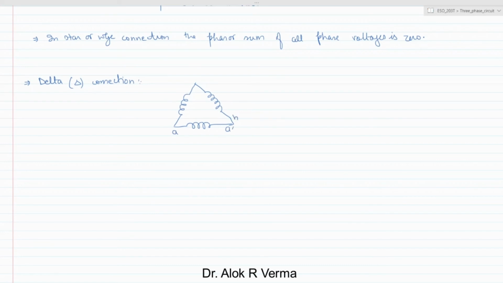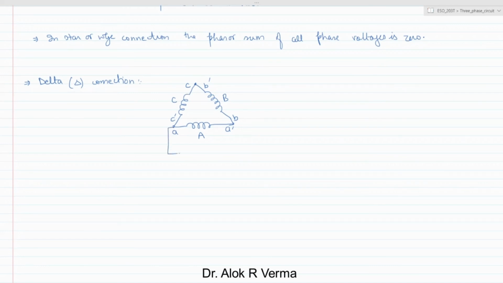A prime, B prime, C prime. So this is phase A, this is phase B, and this is phase C. These are basically connected in the form of a delta, which is forming a mesh. So this is known as mesh connection or a delta connection.